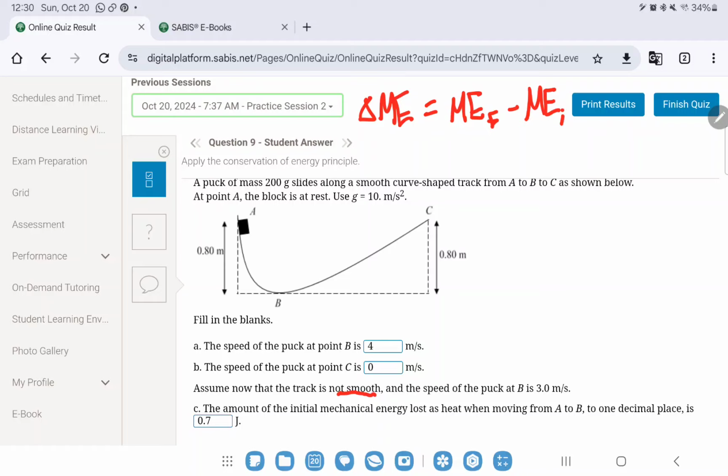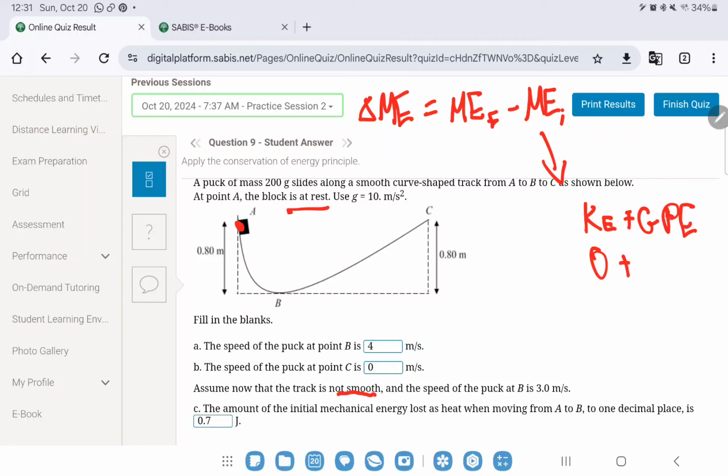So let's first find mechanical energy initial, which is at point A. Mechanical energy, we know that it's kinetic energy plus GPE initial. Our kinetic energy here is 0 because it's at rest. So this is immediately 0.